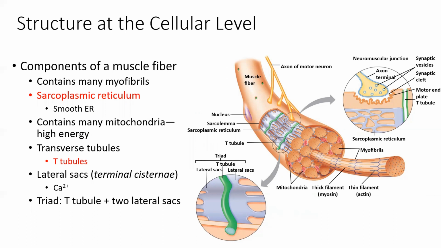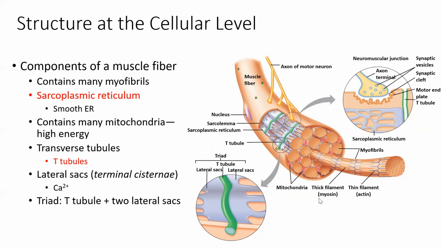These three structures together are called a triad. And a triad is going to facilitate muscle contraction, especially as it relates to the storage and the communication of that calcium, so that calcium can be involved in the muscle contraction. That will make more sense as we talk about the machinery that allows for that.